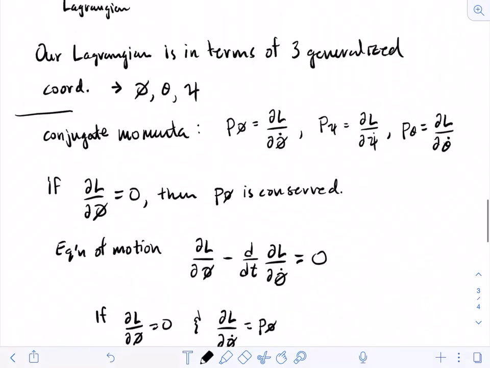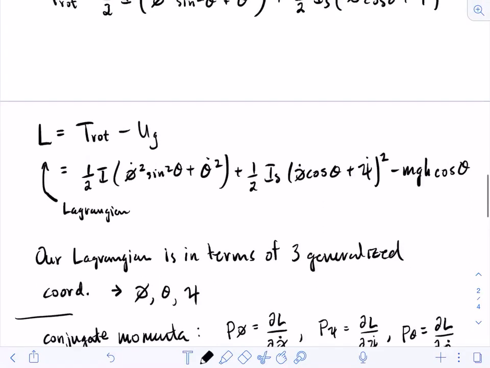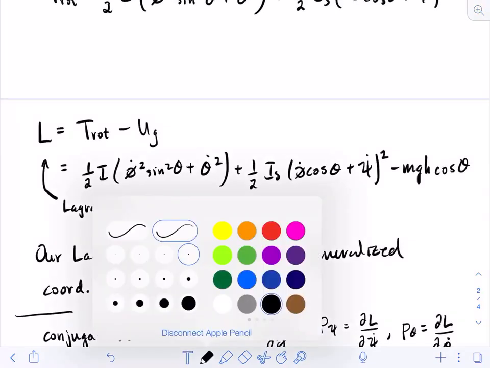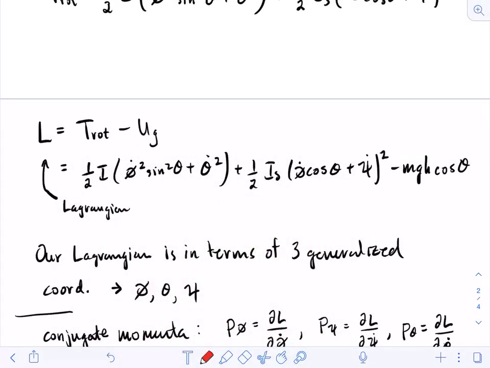So let's go back and look at our Lagrangian, and let's make some observations. The Lagrangian depends on phi dots. There's a phi dot here, and there's a phi dot here, but there's no phi terms.